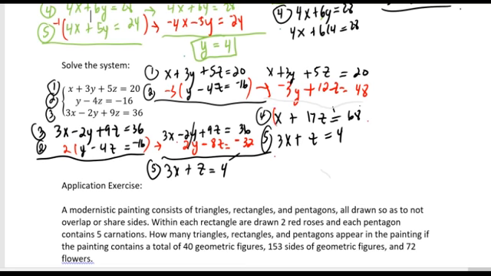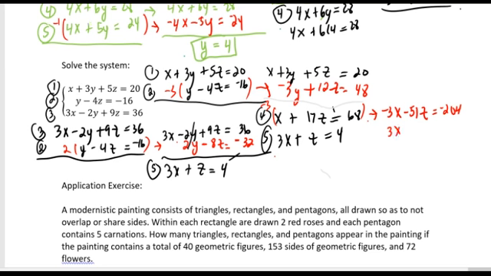So I'm going to multiply this equation by a negative 3. So I get negative 3x minus 51z is equal to negative 204. So negative 3 times x is negative 3x, and negative 3 times 17 is negative 51z is equal to negative 3 times 68 is negative 204.